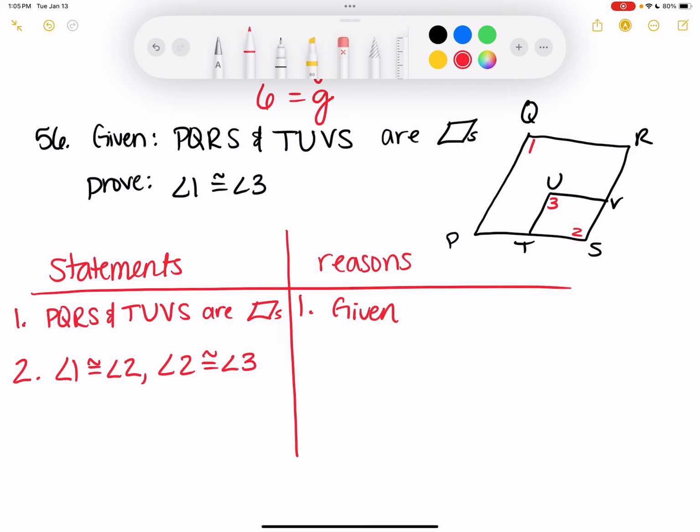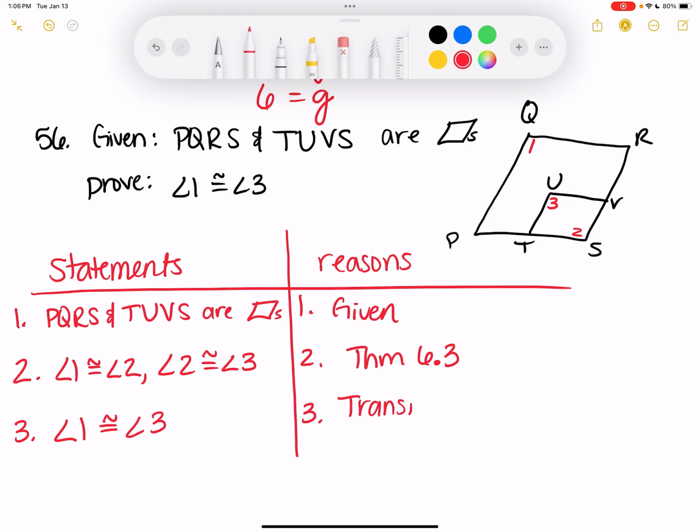Because you have your theorem and postulate book, I'm just going to write that out. That's theorem 6.3. If you want to write out in words, that's fine, but this is a shortened version of it. So then, with that information, if angle 1 is congruent to angle 2 and angle 2 is congruent to angle 3, I can say angle 1 is congruent to angle 3 by what?